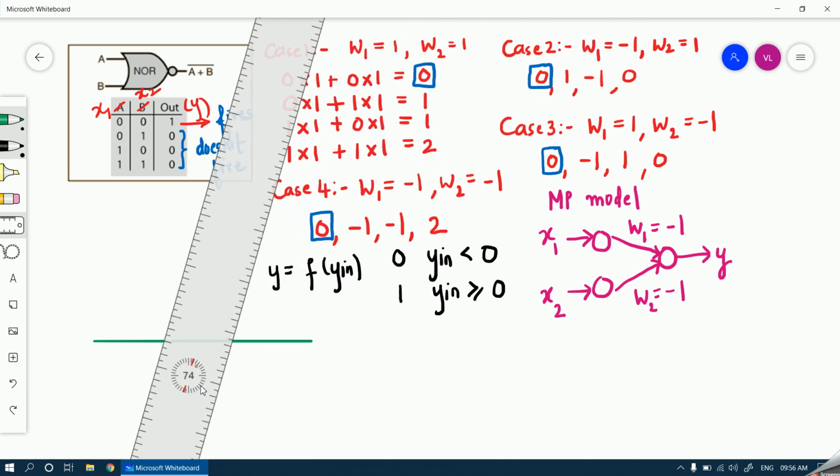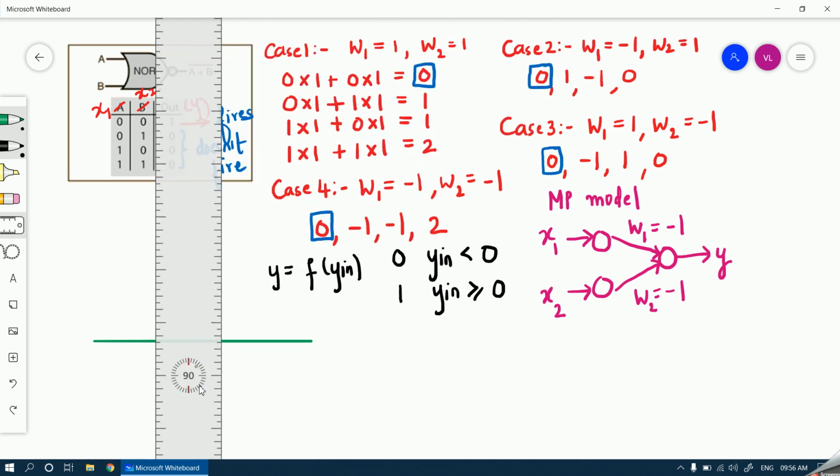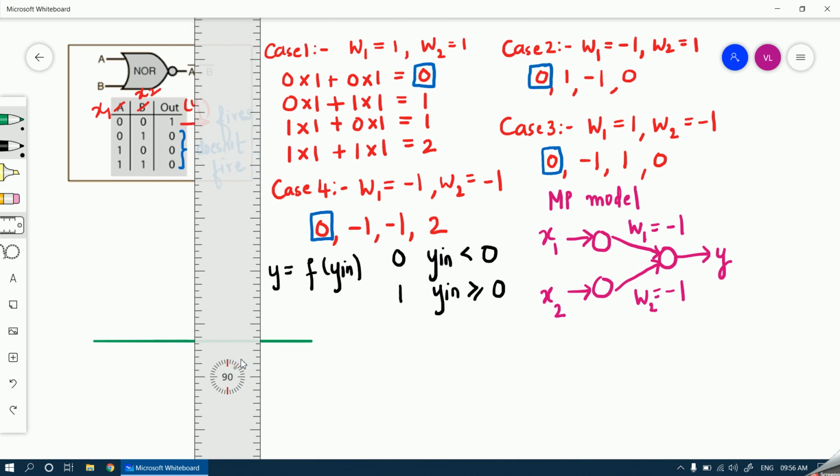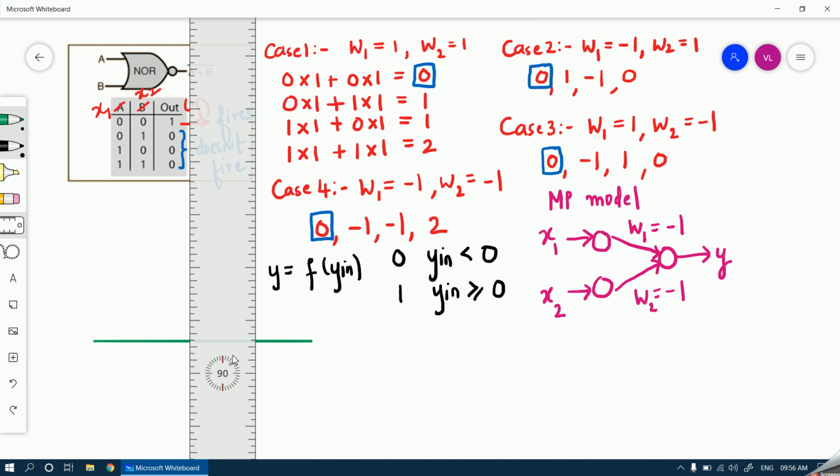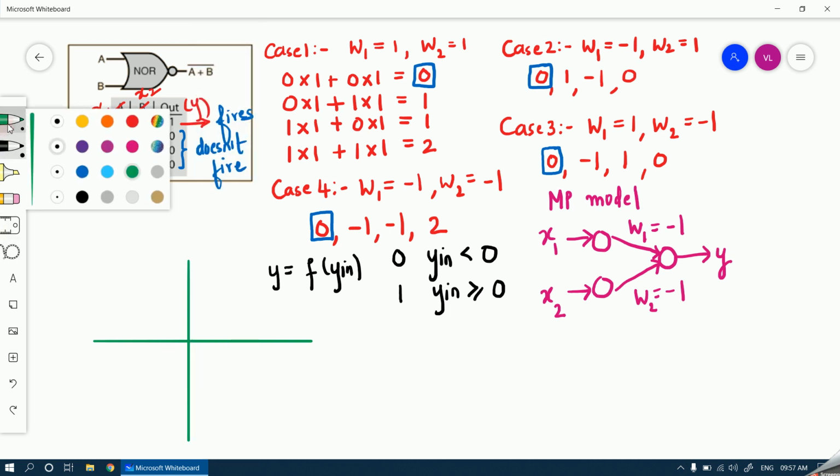This question was asked in your Mumbai University examination for 5 marks. So along with calculating the weights and theta, you had to plot. So we'll plot the 4 points over here.